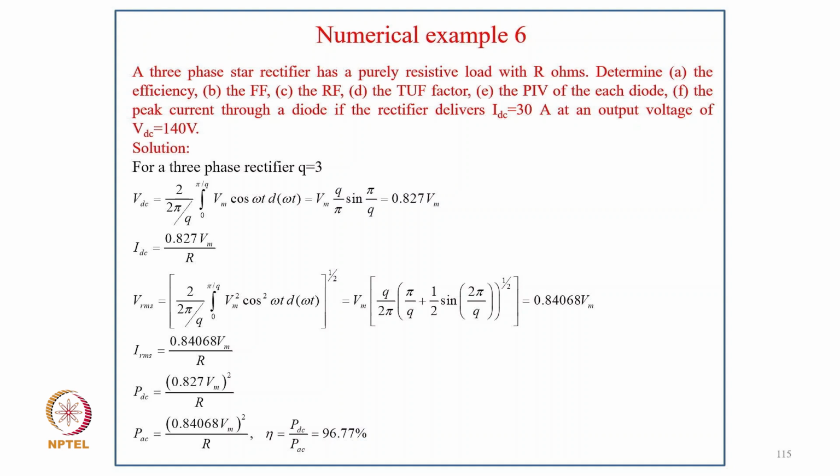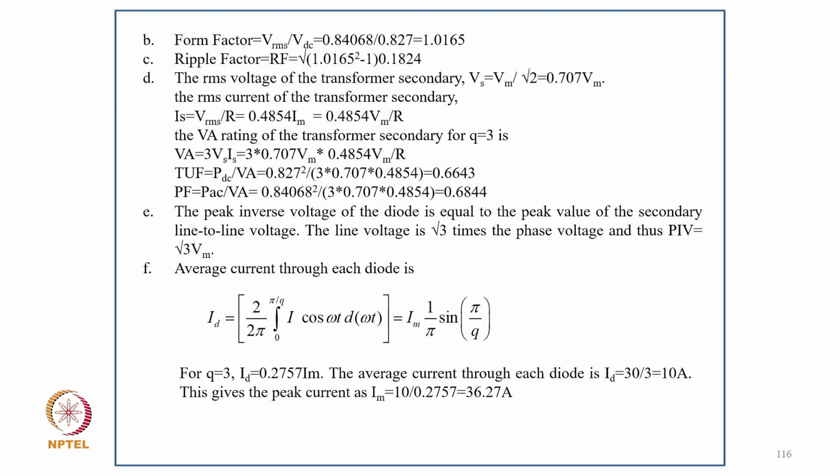IRMS is 0.84068 Vm upon R, PDC is 0.827 Vm square upon R, and PAC becomes 0.846 Vm square upon R, and efficiency is PDC upon PAC, that becomes 96.77%.